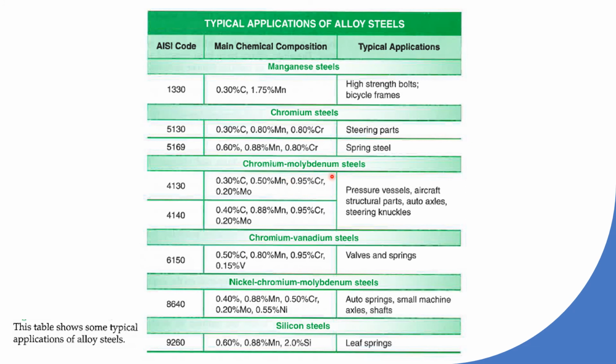Chromium molybdenum steels, we use in pressure vessels, aircraft structural parts, auto axles, and steering knuckles. Chromium vanadium steels, we use in valves and springs. Nickel chromium molybdenum steels, we use in auto springs, small machine axles and shafts, and crankshafts.